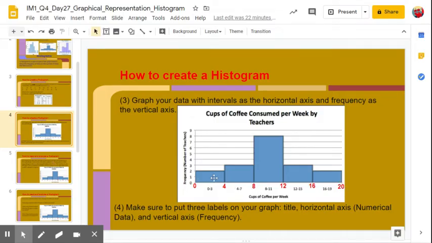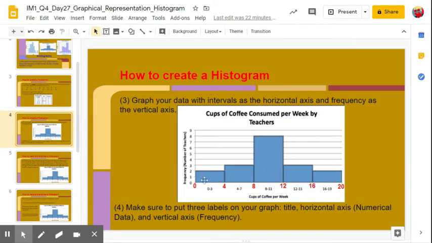Okay, so the bins are, again, equal size each time. Each bin represents the same number of numerical values. So I put in here so you can see that for 0 to 4, this bin only includes numbers 0, 1, 2, and 3. Okay, so when you see a bin, the number on the left is in that bin. The number on the right is not in the bin. We can't double count.